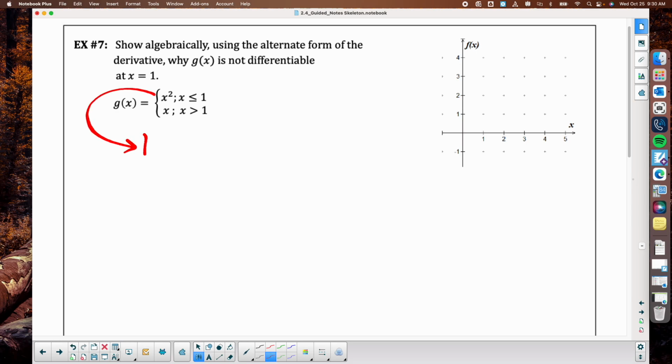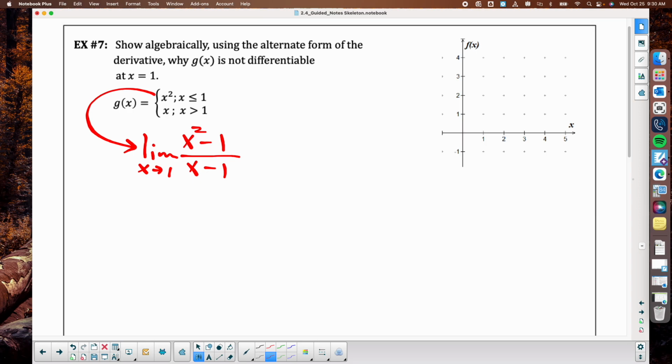The alternate form is where you plug in the number you want to find the slope at. And then you would have f of x minus f of 1 over x minus 1. And then this would be the alternate form of the derivative for x squared.